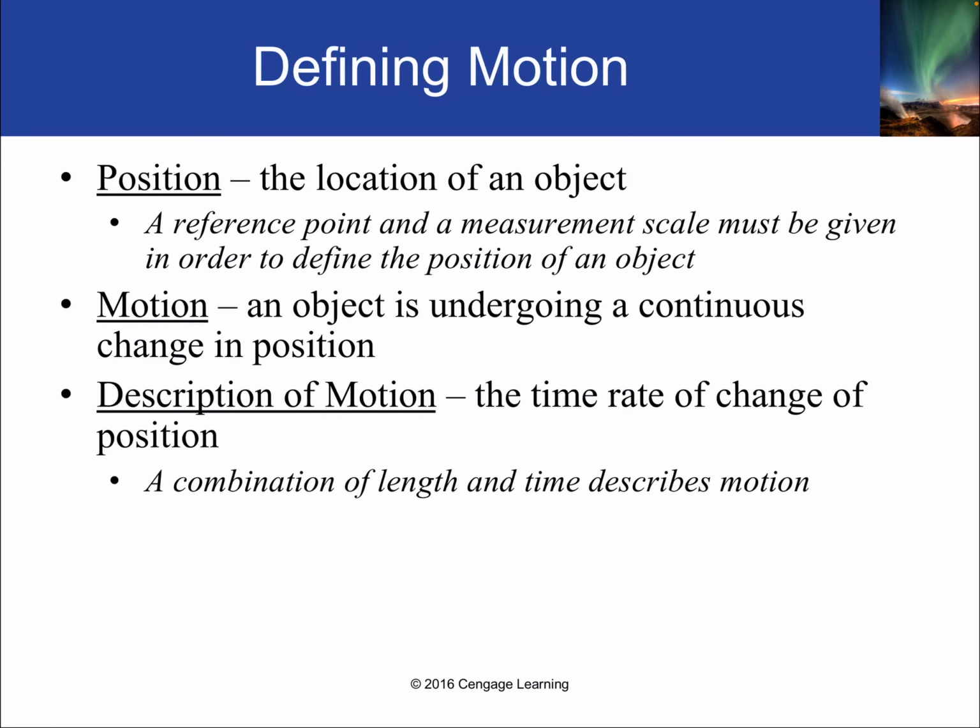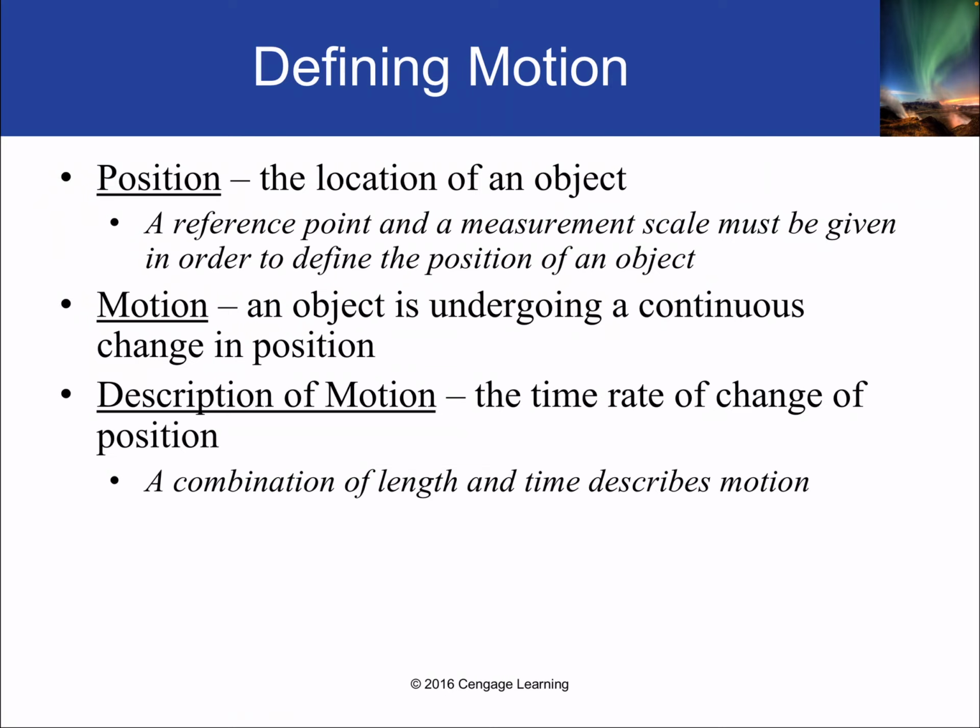Now, in order to define motion, we have to look at the position. We have to look at that location of that particular object. So it's important that there is a reference point and a measurement scale, so we're able to define that position of an object.